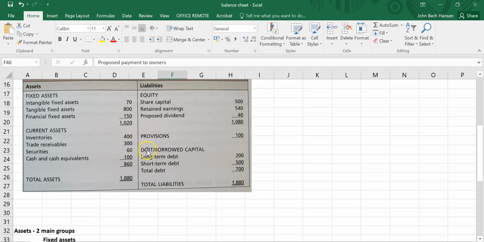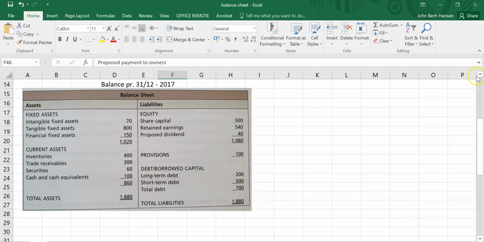And then the borrowed capital or the debt here, which we divide into long-term debt and short-term debt. So equity and debt, including the provisions, is how we have financed all the values in the company at this certain point of time, exactly on the 31st of December.